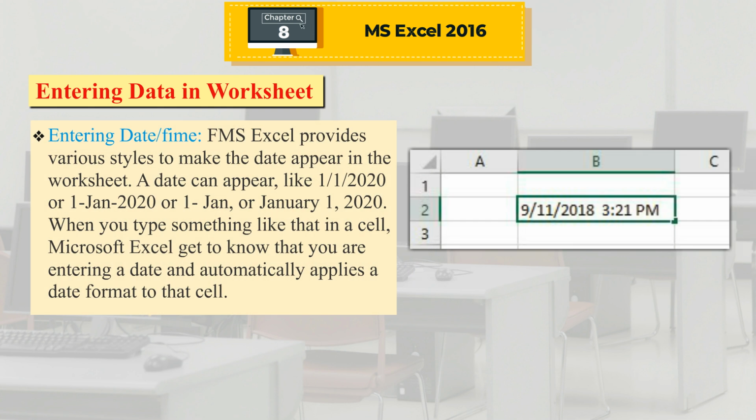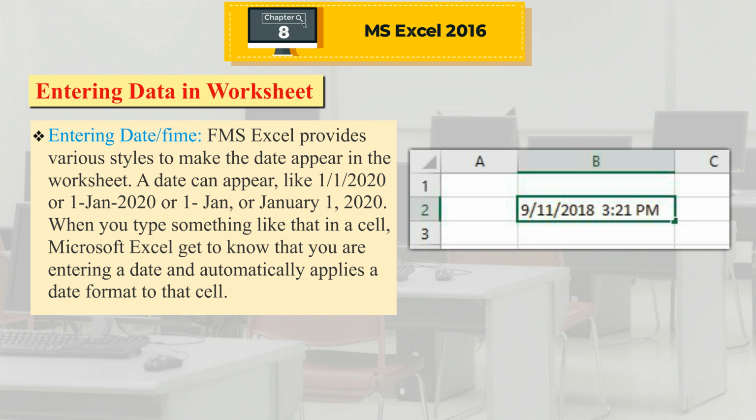Entering date or time. MS Excel provides various styles to make the date appear in the worksheet. A date can appear like 1/1/2020 or 1-Jan-2020 or 1-Jan or January 1, 2020.